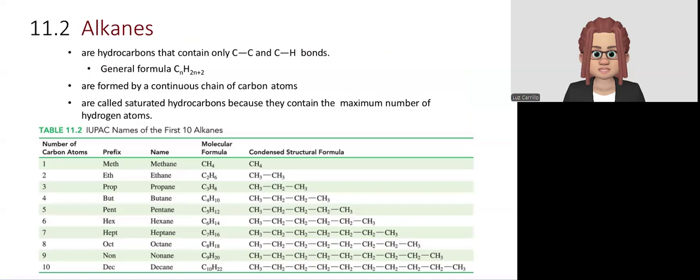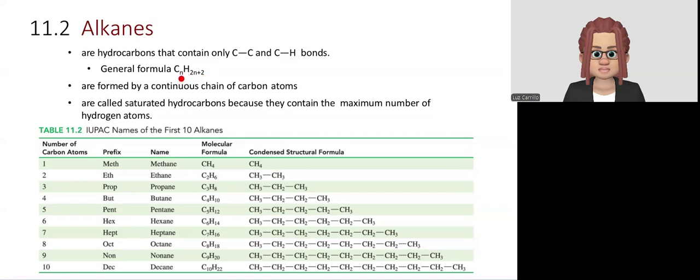Let's now proceed to look at alkanes from the point of view of how to name these important organic compounds. Alkanes, as I just expressed, are hydrocarbons that have carbon-carbon single bonds and carbon-hydrogen single bonds. They have a general formula, which is known as CnH2n+2.